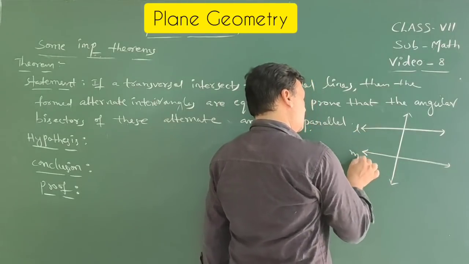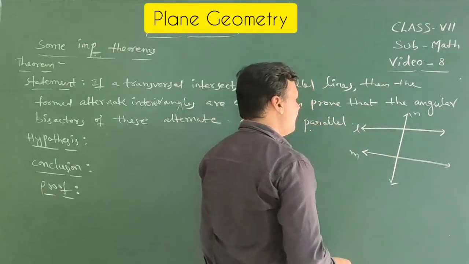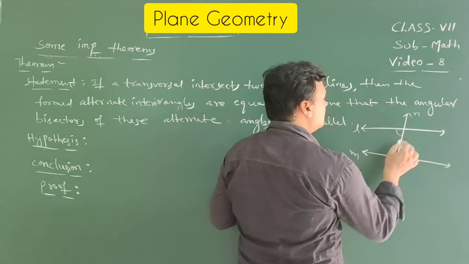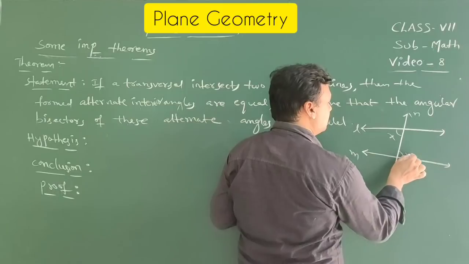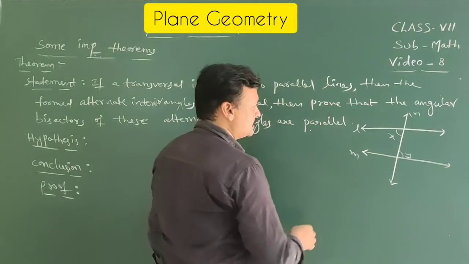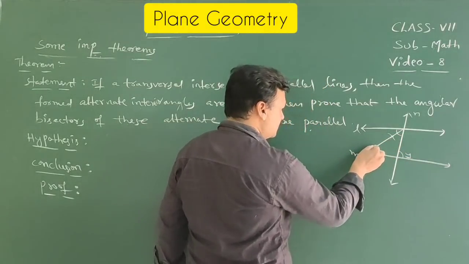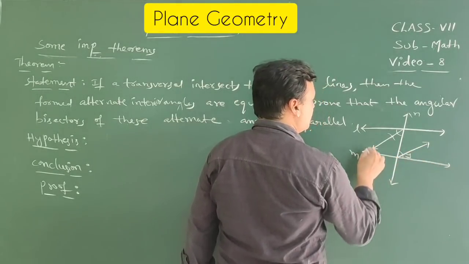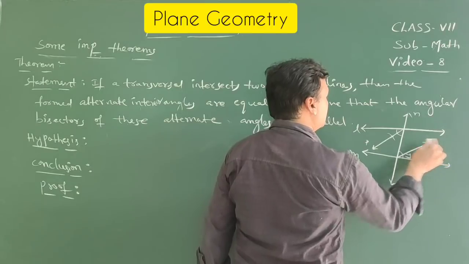Here L, M, N. Now alternate interior angles here: X and Y are alternate interior angles. You need to prove that the angular bisectors of X and Y, let them be P and Q, are parallel.